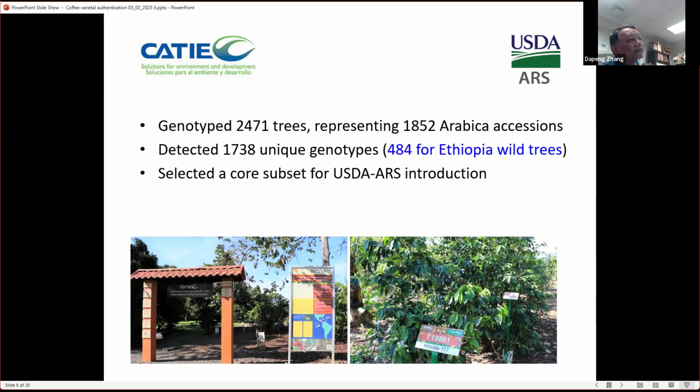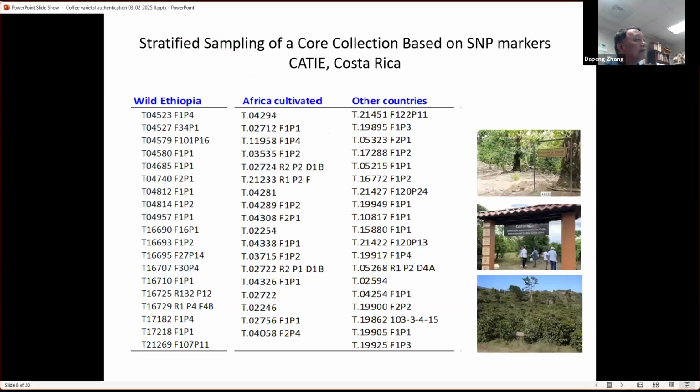And so we selected a core set for USDA-ARS introduction, right? And the core set represents three stratifications. The first one is wild Ethiopia, which we consider as a first priority. We probably will include all of them, we should include all of them in the USDA-ARS collection.